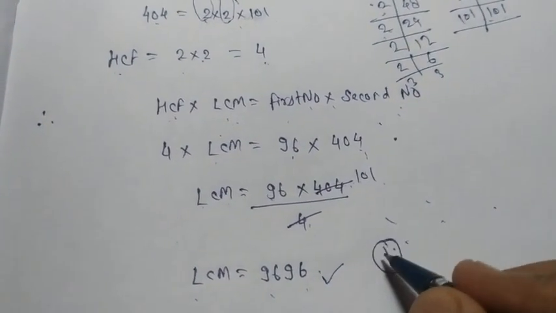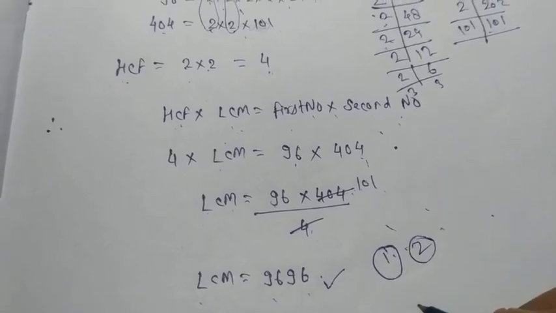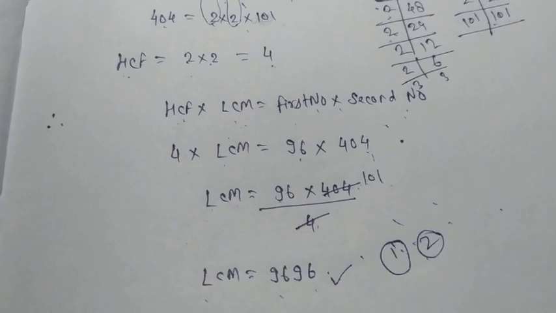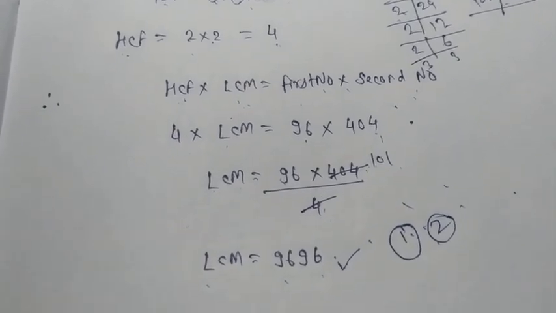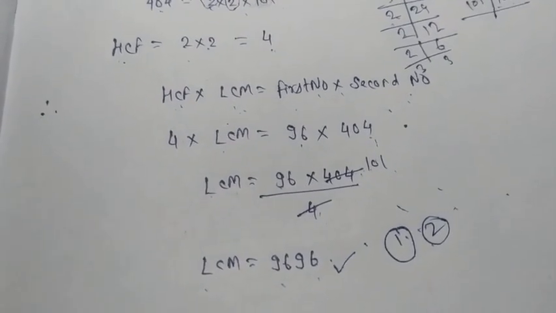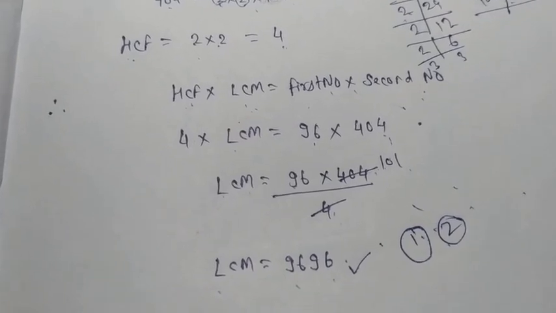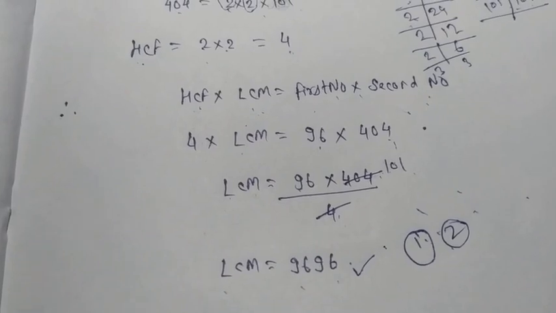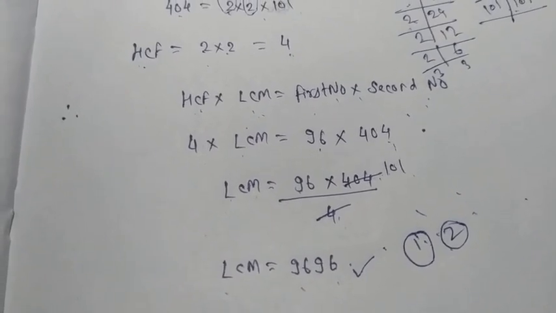A 1 or 2 marks question is always coming in the board examination, which is based upon this formula. So it is very important for you to understand this formula, and you should understand the application of this formula also. So I hope you have understood this formula and this question also.